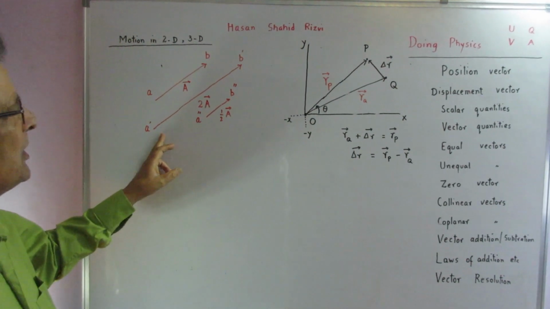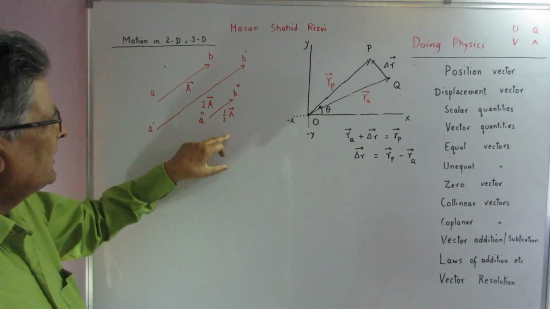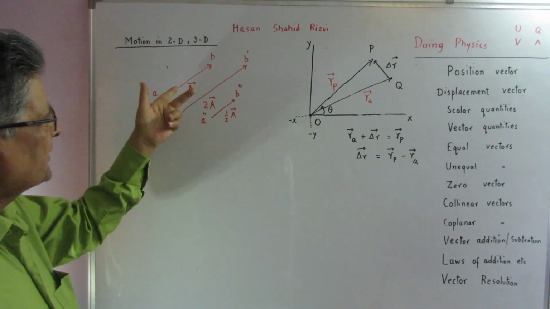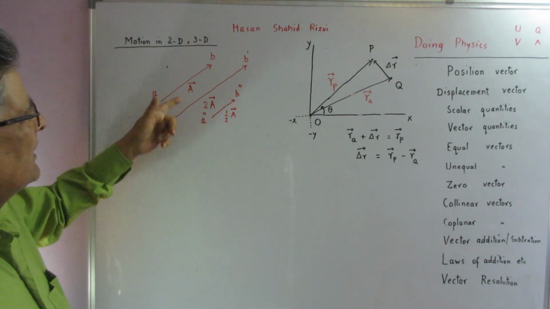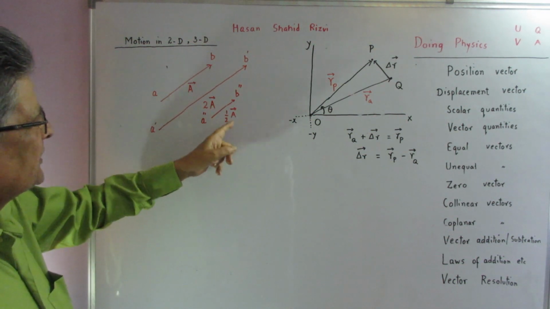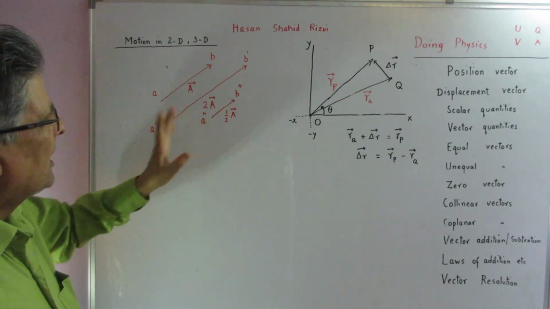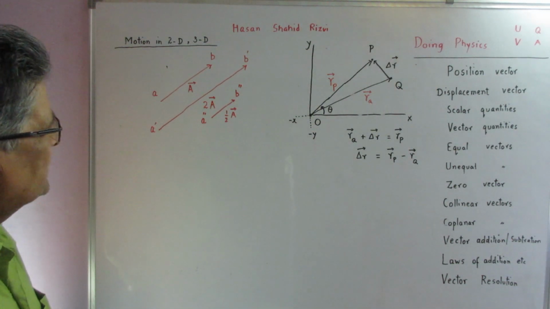The only thing that is material is the ratio of the three vectors. Here the ratio of this upon this is twice.